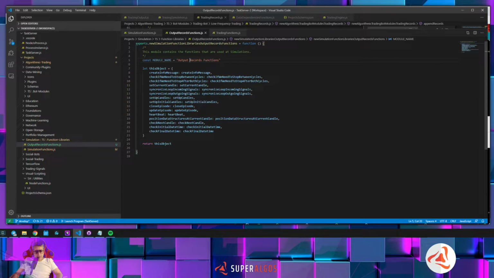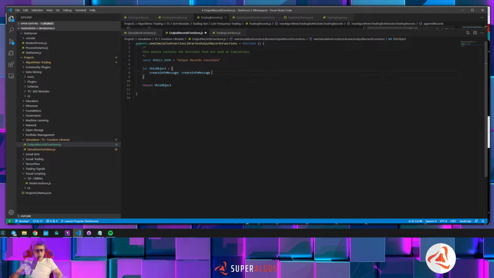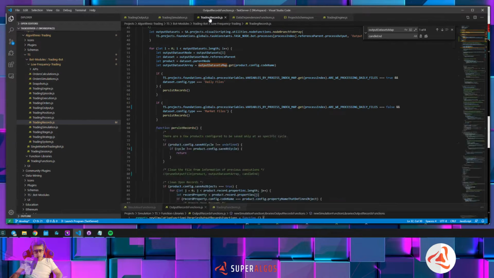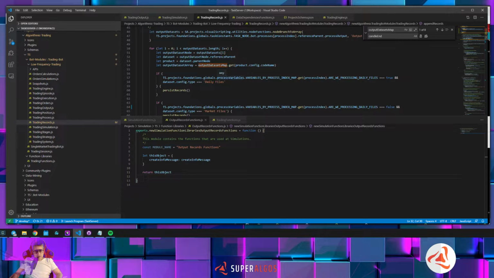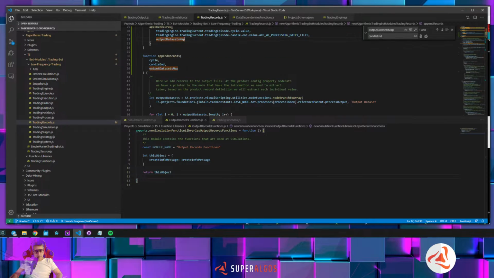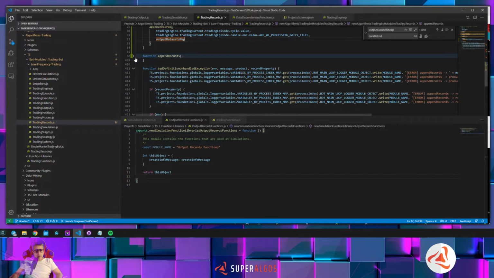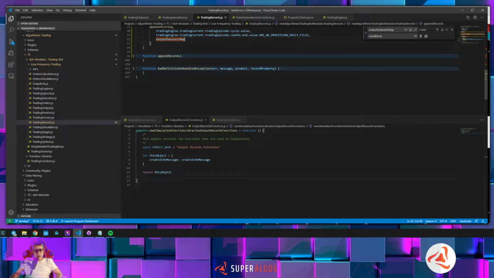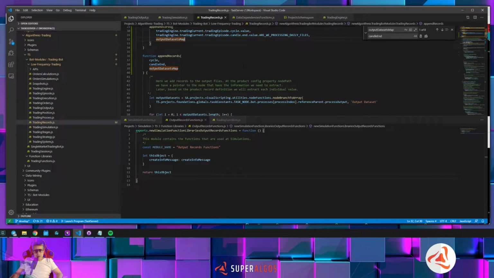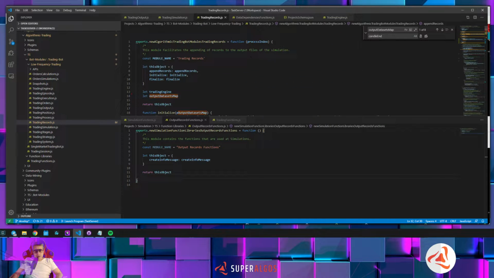So of course we are not going to have all these functions, only one. And from here, oops, we got these two guys. Process index. Do we need process index?